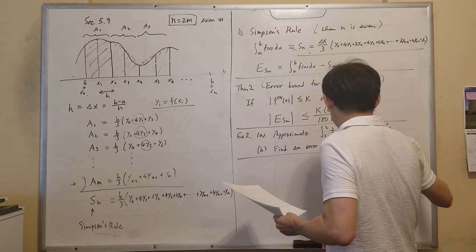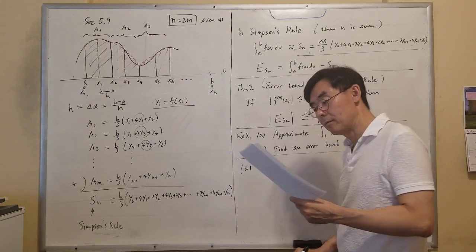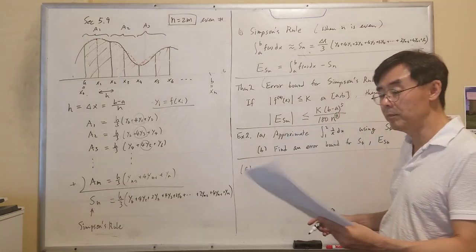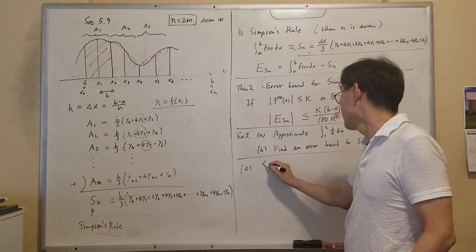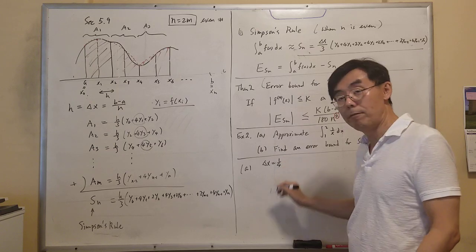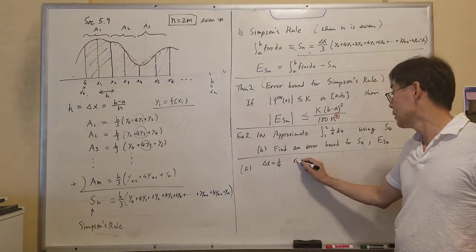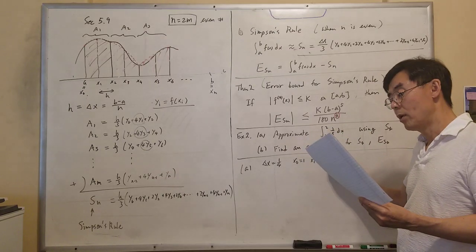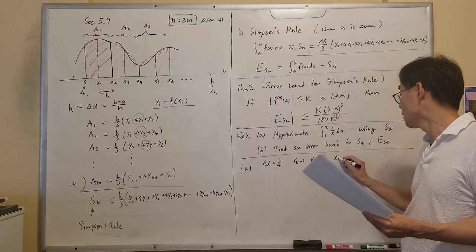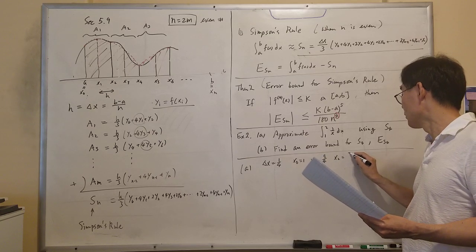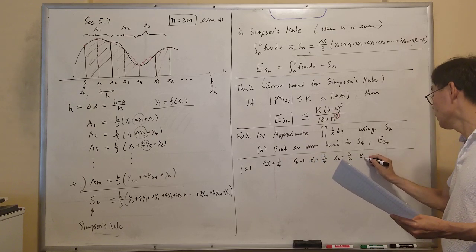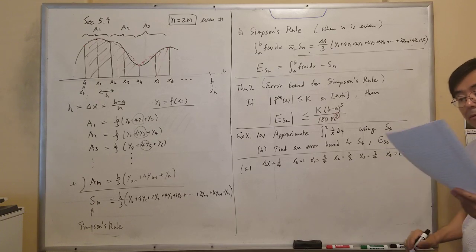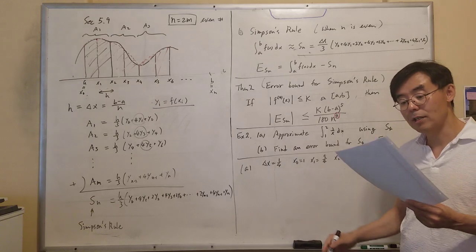So for A, S4 means that delta x equals 1 over 4. x0 equals 1, x1 equals 5 over 4, x2 equals 6 over 4, 3 over 2, x3 equals 7 over 4, x4 equals 2. Right, 1/4 each time.